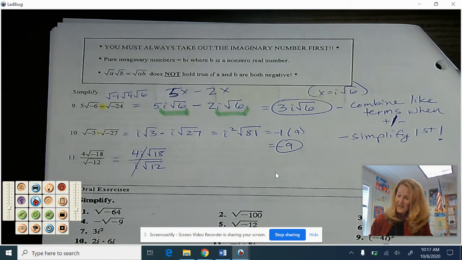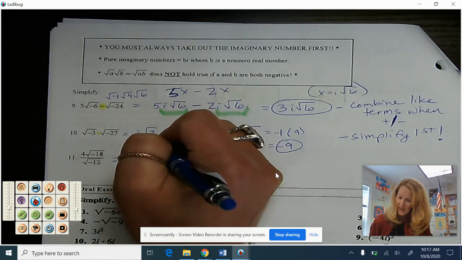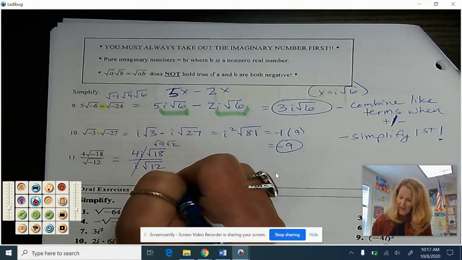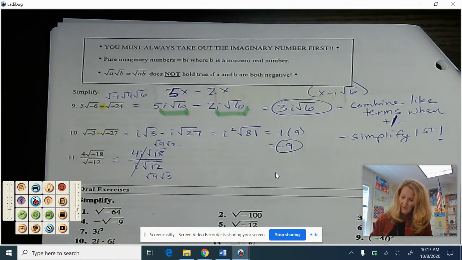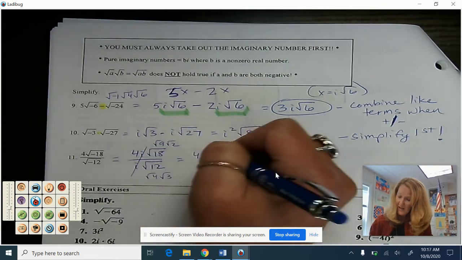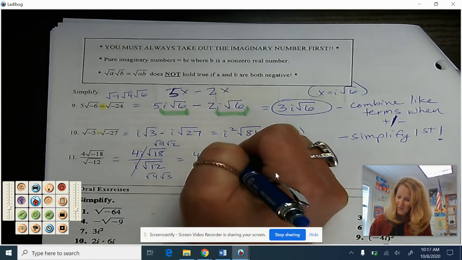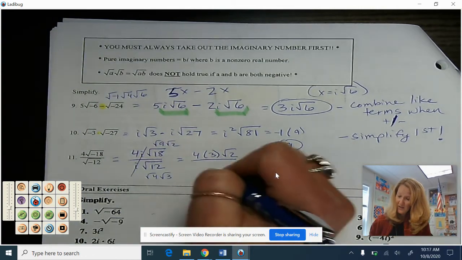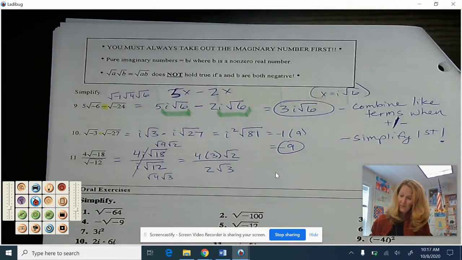You might pay attention to the fact that this is going to be 9 times 2 and 4 times 3. Okay, so then I could get 4 square root of 9 is 3 times root 2. And in the denominator, the square root of 4 is 2, and I have 2 root 3.